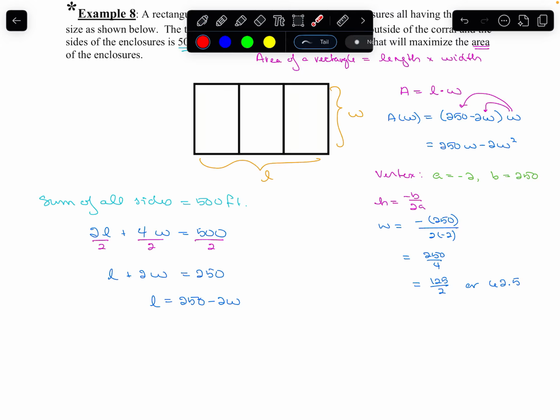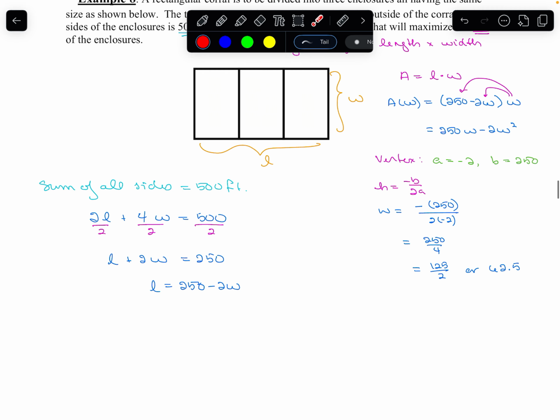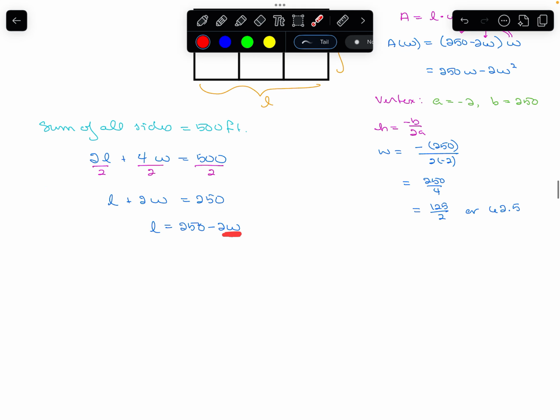Now, from here, I don't like to mess with the decimals. I found the width that would maximize the area. It wants the dimensions, so both length and width. But I know how to find the length in terms of width. So all I need to do is plug in the value of W that maximizes area.